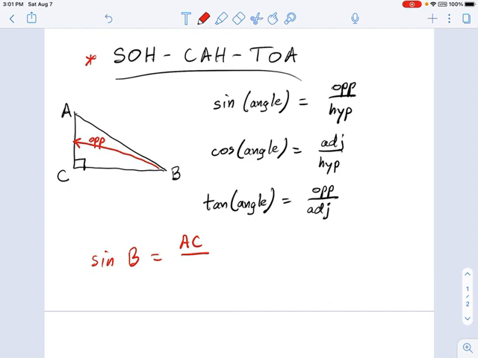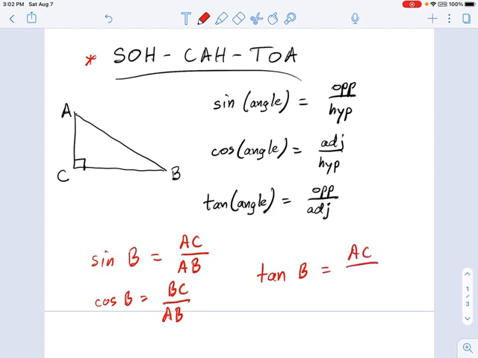AC is that line that goes between points A and C. And the hypotenuse is AB. So we would say sine of b equals the ratio of this side over the hypotenuse. And likewise, cosine of b would be the adjacent side, that's BC, over AB, and tangent of b equals opposite, that's AC, over adjacent, that's BC.